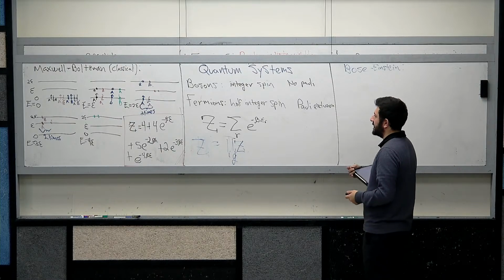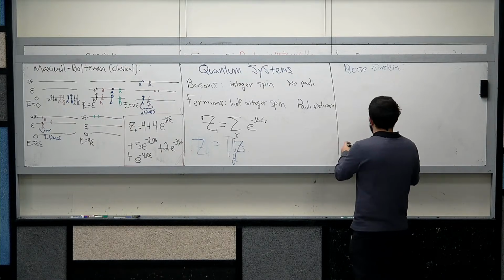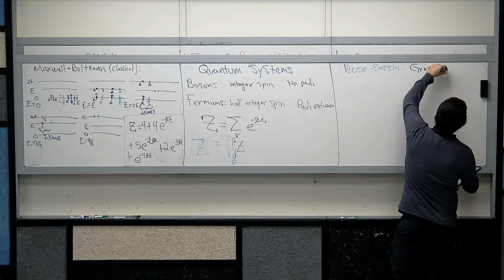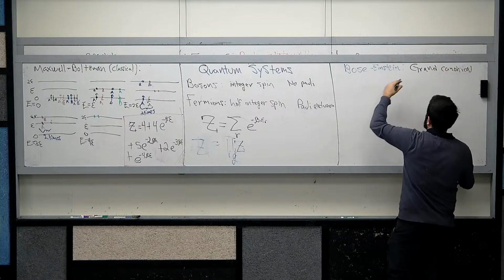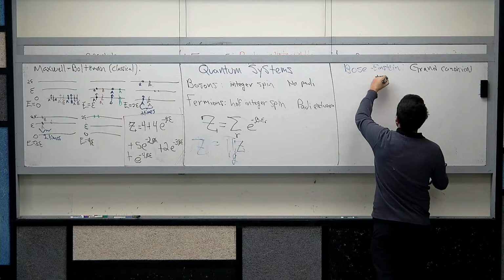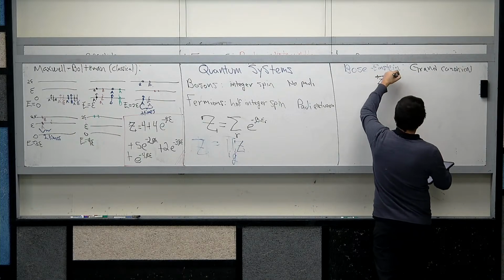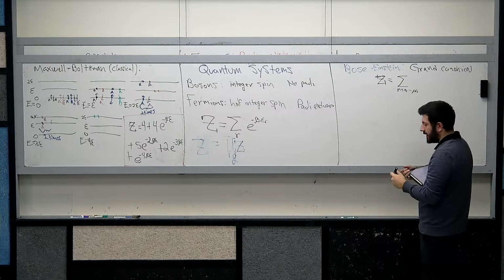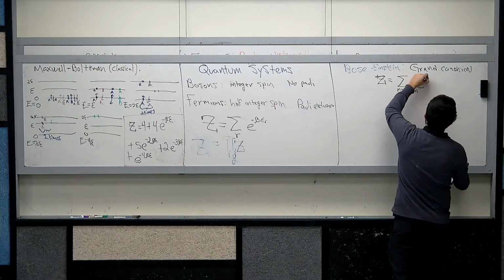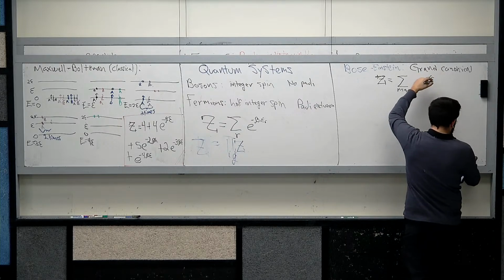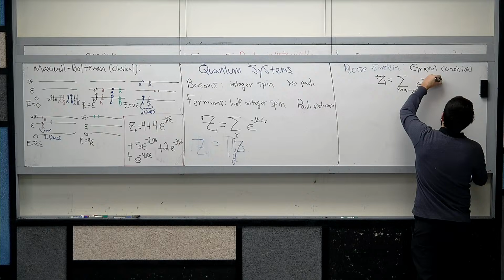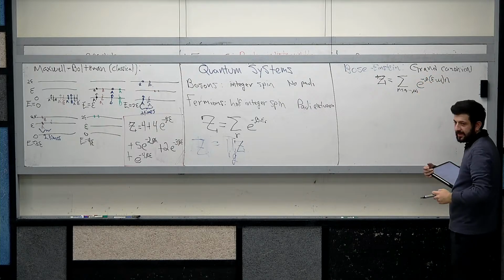Do you remember how we compute the grand canonical partition function? We sum over all the possible numbers of particles, right? e to the minus beta epsilon.